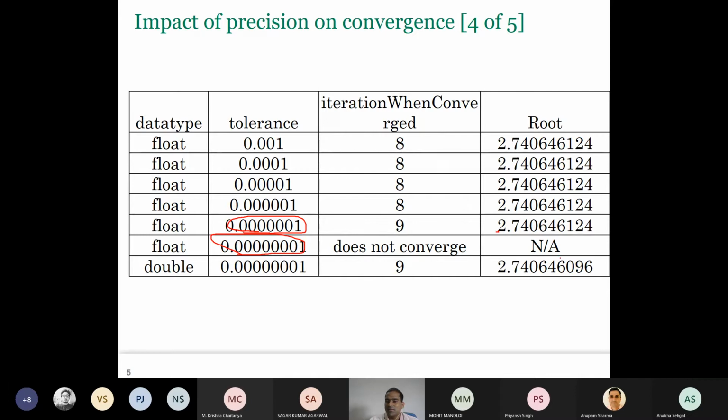Okay. So because it went outside the range of single precision. Whereas with double, the same thing converged. See, the reason it was not converging is that we are trying to go very close, but our precision does not allow us to go that close. That's why it was failing. Okay, so that's the reason it was failing.